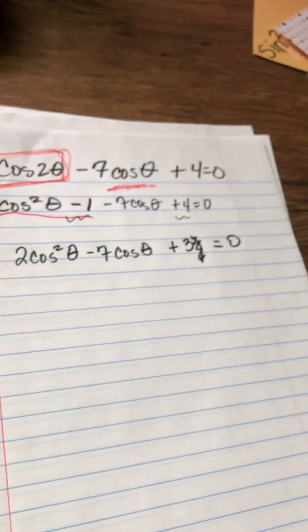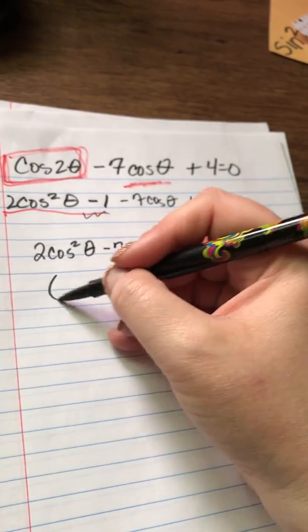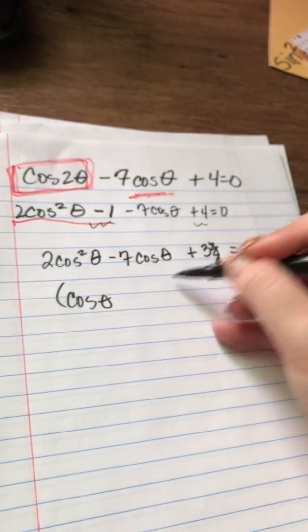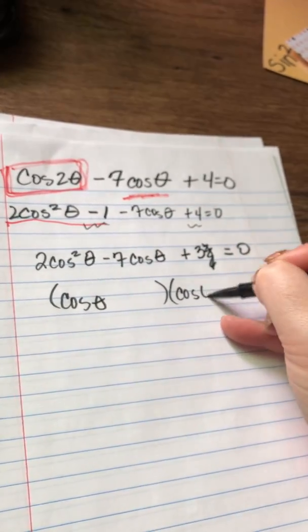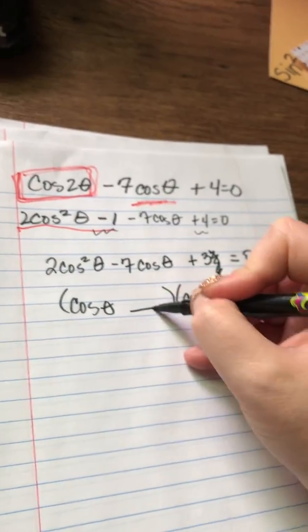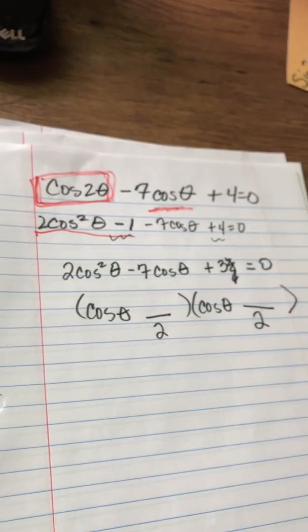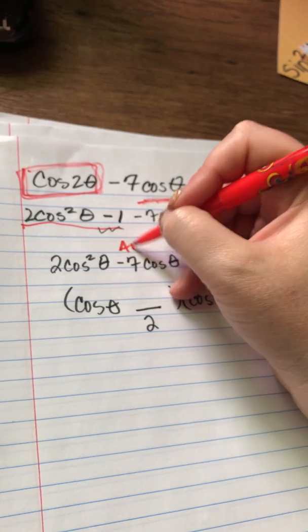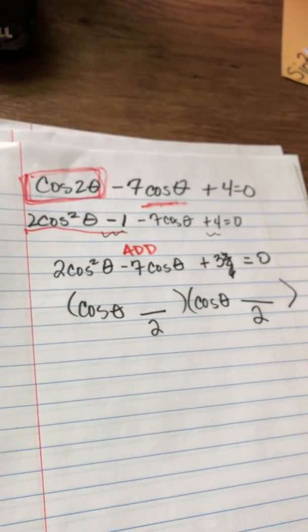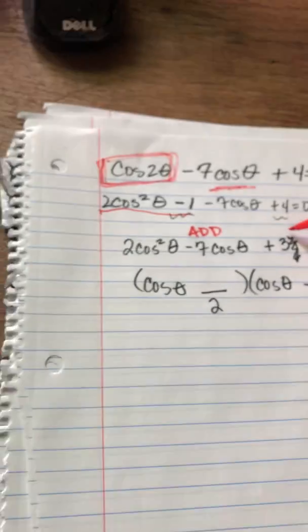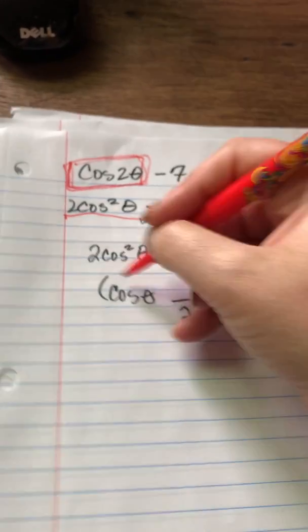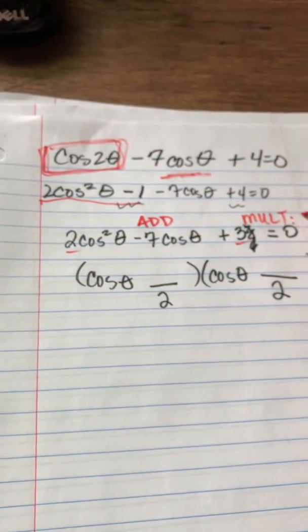And then now you can factor it, where we put cosine thetas at the front. We divide by what's on the square, 2. We have to add to the middle term, -7. We have to multiply to the first times the last, 6.